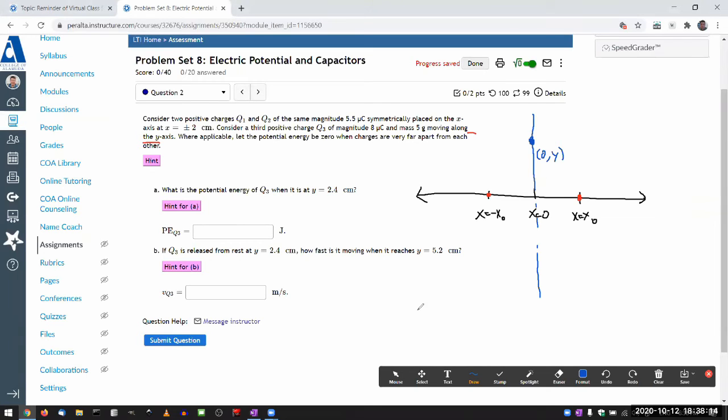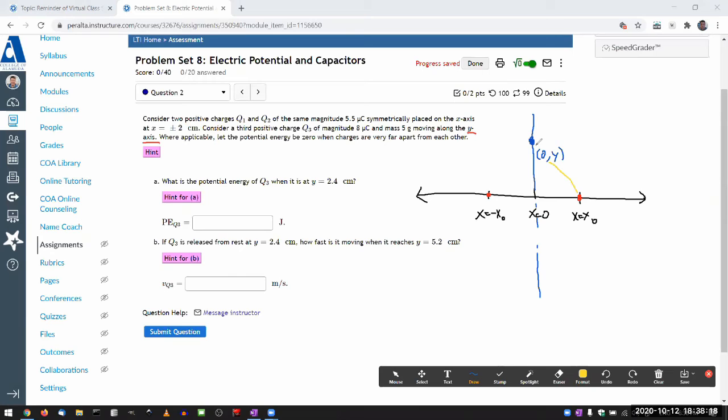So I have to take care that R means this distance here. If I call these charges Q1 and Q2, as I'm writing down the expression V1, the potential due to charge Q1, I have to make sure this is how I'm writing it.